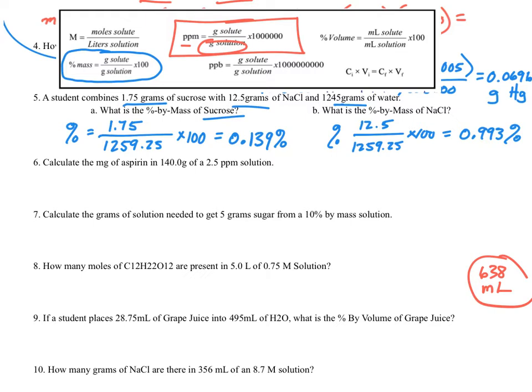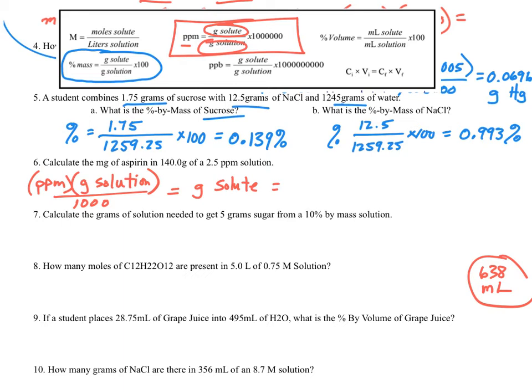We're trying to find the grams of solute. So if I do a little algebra and solve that, I'm going to get my parts per million multiplied times my grams of solution divided by a million is going to equal the grams of solute.